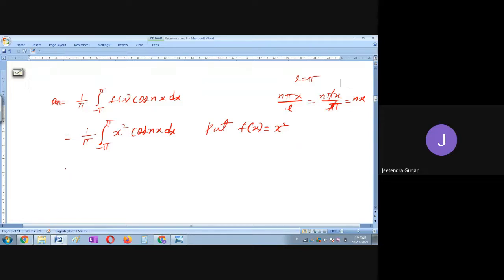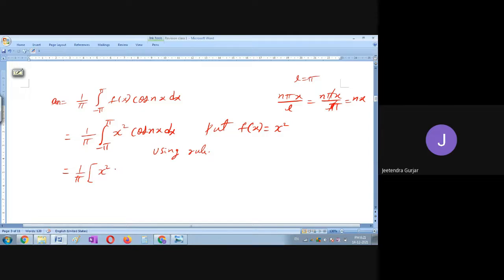Then this is equal to, right? You can easily simplify this. So we can take 1 upon pi as it is. No change in 1 upon pi. Now use the Bernoulli's rule. So just take x square as it is.